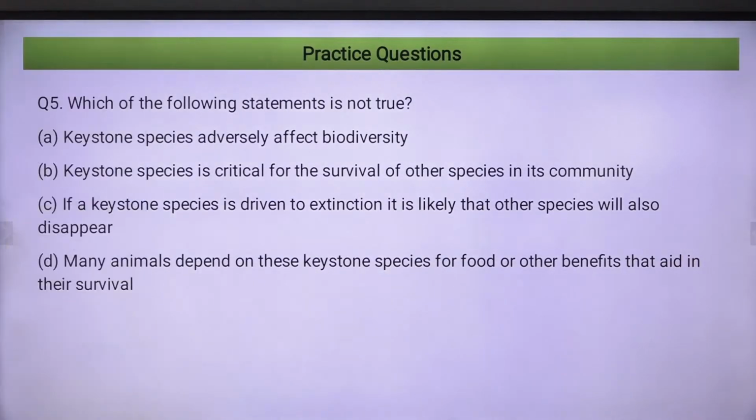Okay, so this is biodiversity and related to that. Just go through it and try to see if you can closely reach the answer. Which of the following is not true? You have to find which is not true.